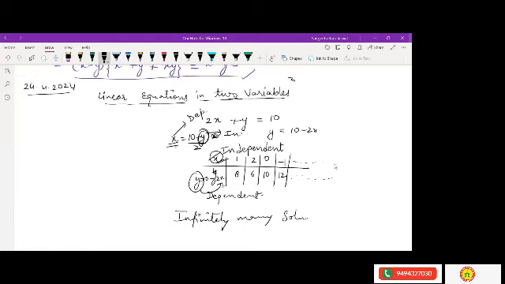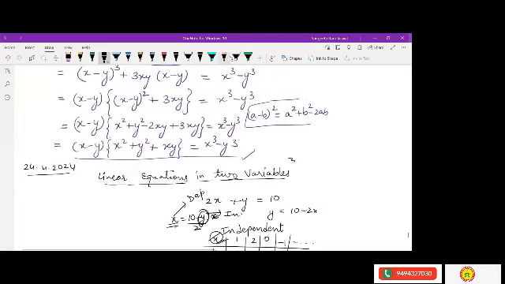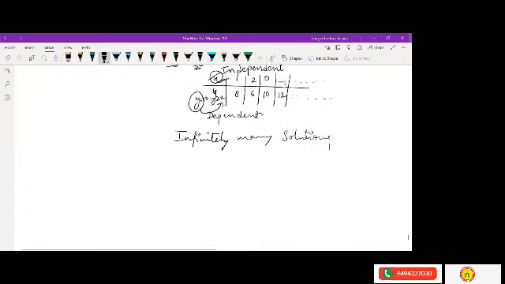It's not just restricted to one solution or two solutions or three. As many values as we give to x, we will get a corresponding value for y. So that shows that we can have infinitely many solutions in a linear equation in two variables.